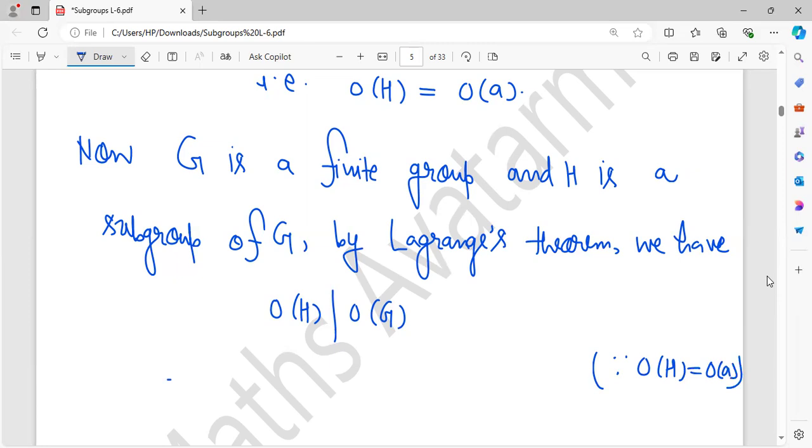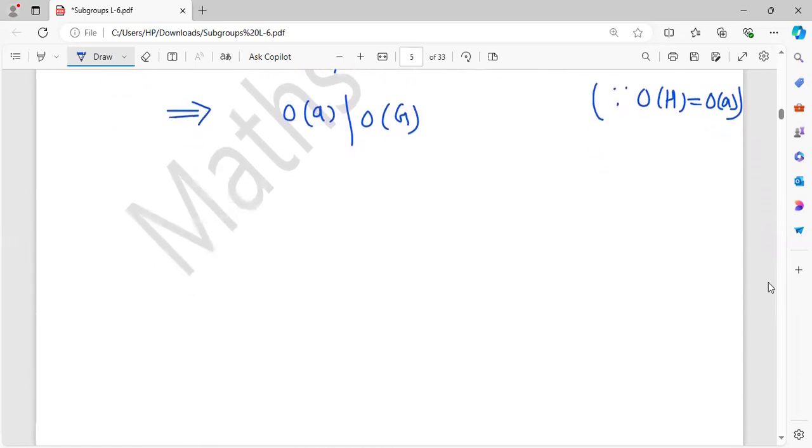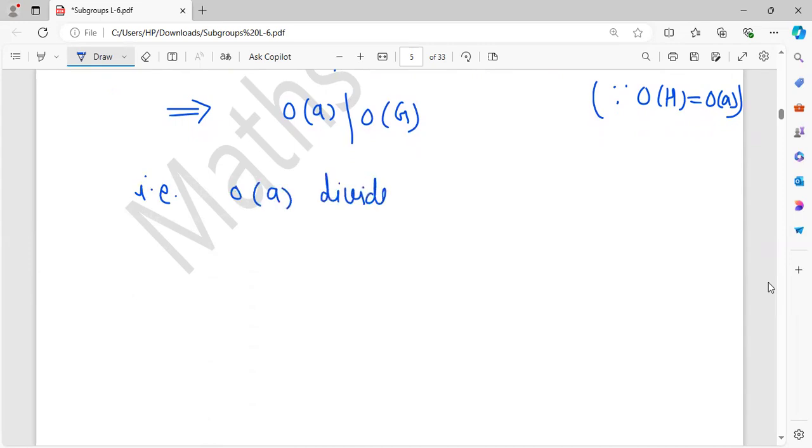So putting the value of the order of H, it means the order of a divides the order of G. So this is proven.